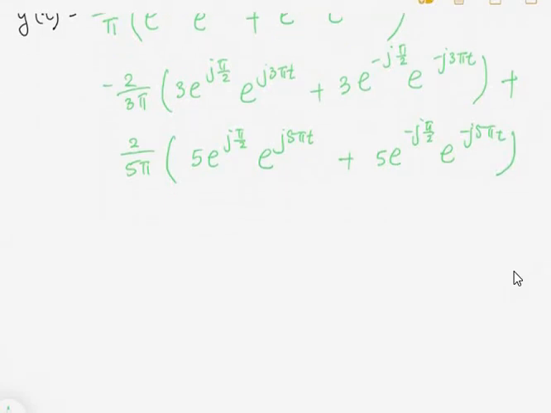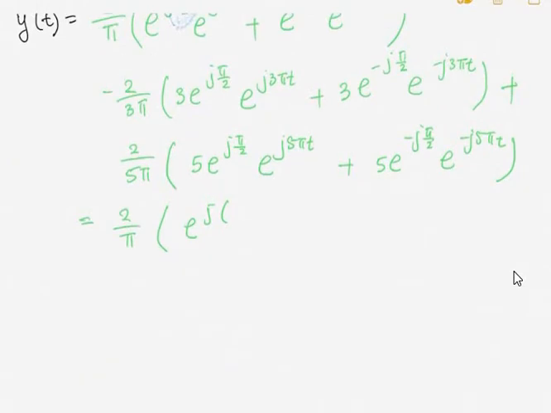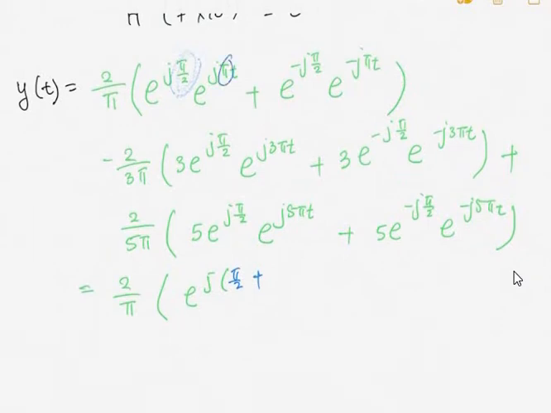Okay, so you total up, you will get exponent j pi over 2 plus pi t, and then plus with exponent minus j pi over 2 plus pi t.